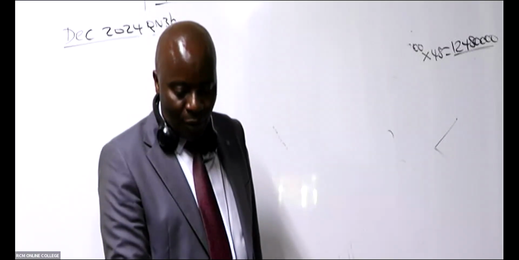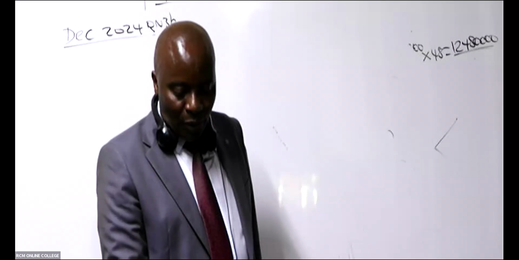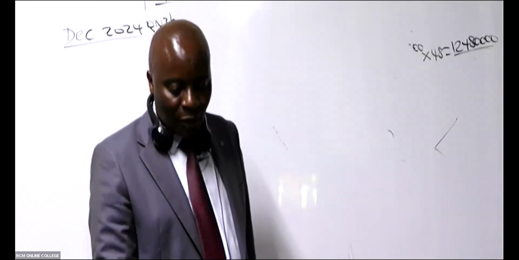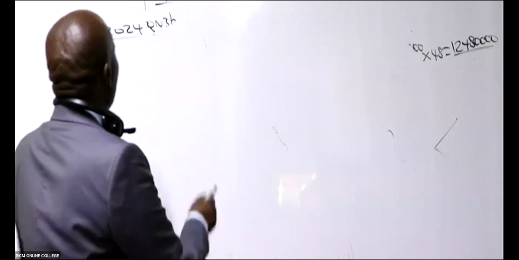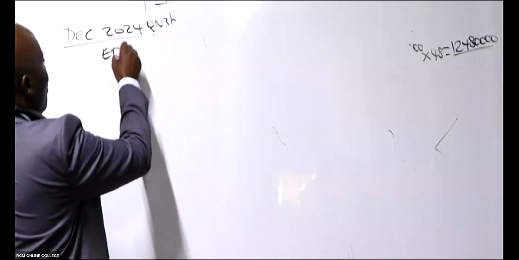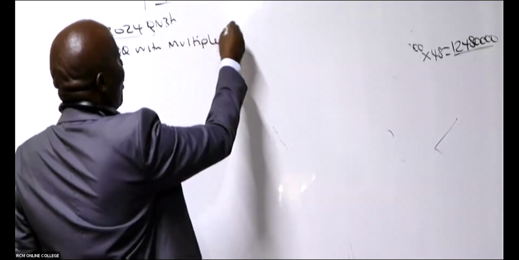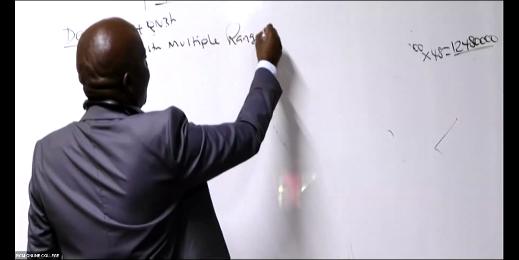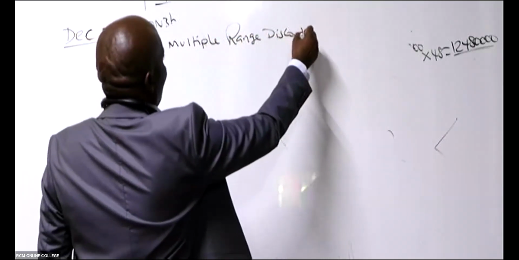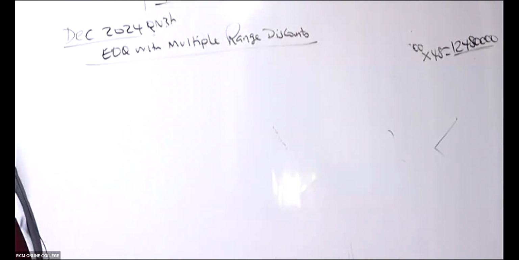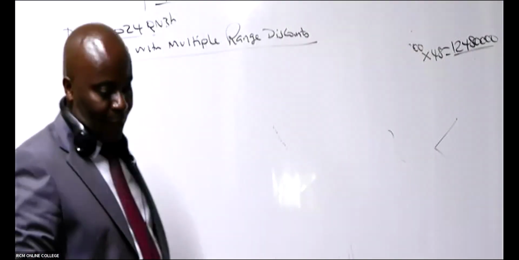So I want us to straight away go to EOQ with multiple range discounts. Very, very important before we look at something different.